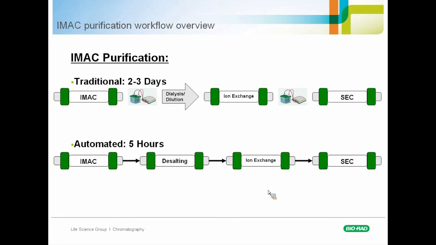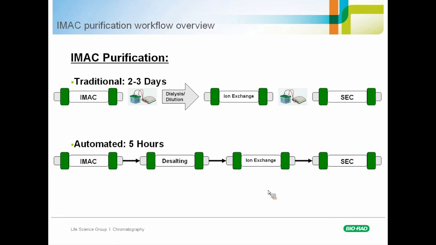Now, what I personally really like about this was none of it was done in tandem. When you do tandem, you go straight from one column to the other. You don't see the peak until the end of the purification. So there's that trust issue, that leap of faith: is my target going to be there at the end?